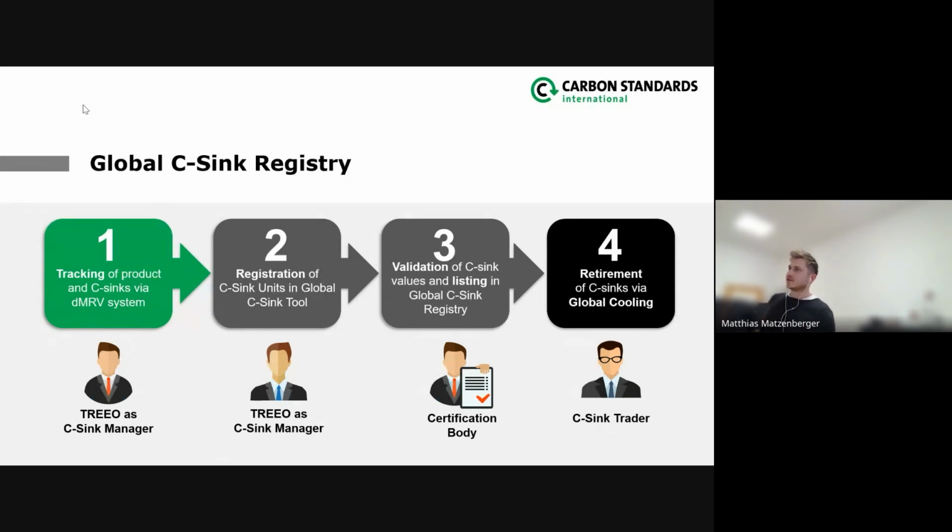Whenever the sink units are registered, Ceres Cert does a validation process. When this is covered, we have the automatic listing of the sink into the global sink registry. And we can then retire the sinks via global cooling services, for example, as a sink trader.